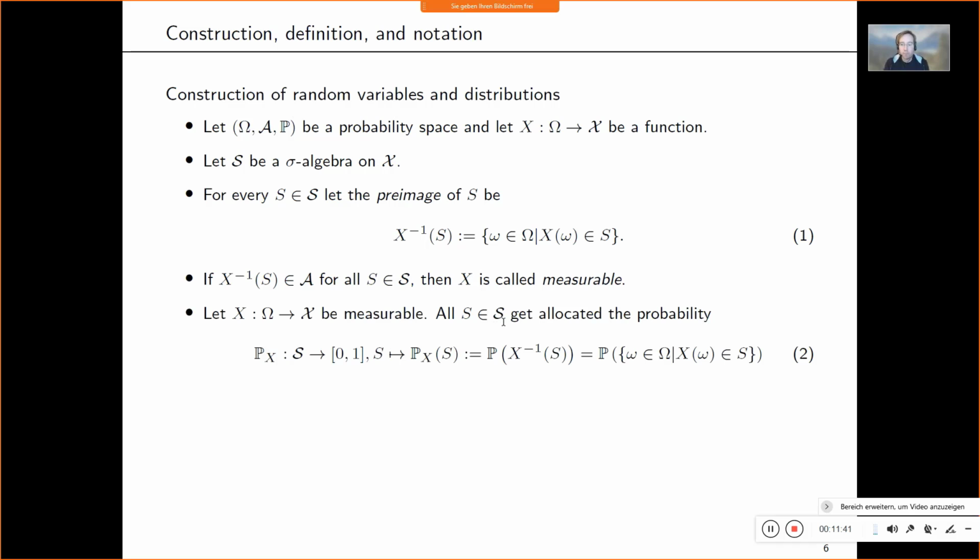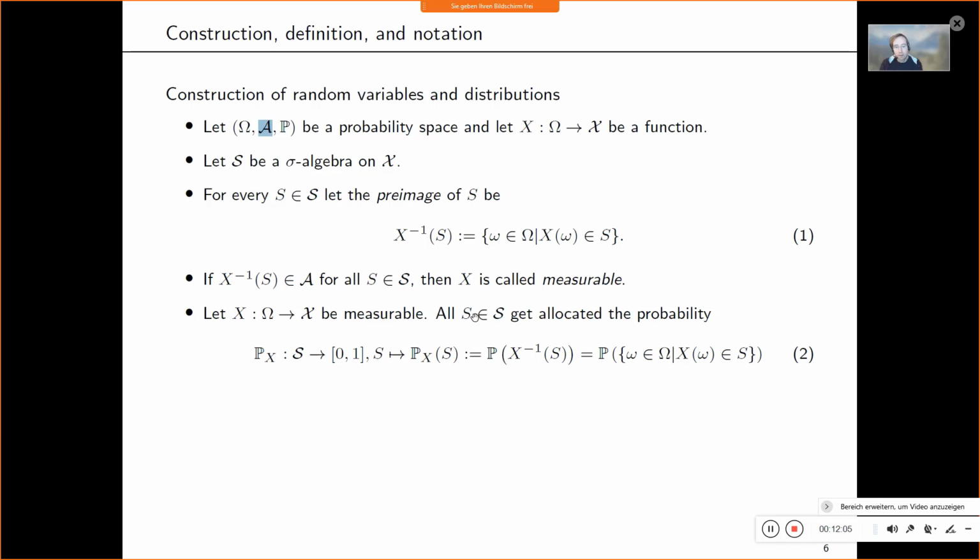Because if these pre-images are elements of the sigma algebra, then they naturally get allocated a probability, because this probability measure of the original probability space, of course, allocates probabilities to all elements in the sigma algebra.